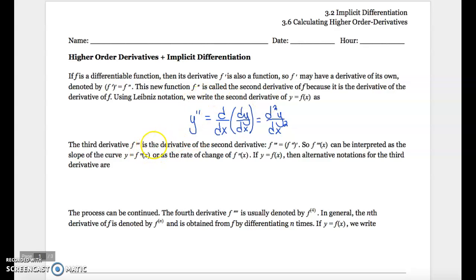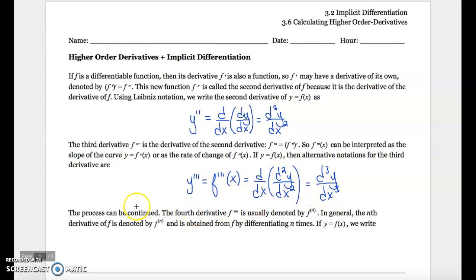You could also find f triple prime. This would be similar to y triple prime, or f triple prime of x, or you could be taking the derivative of your second derivative with respect to x, so you'd end up with the third derivative notation like this.